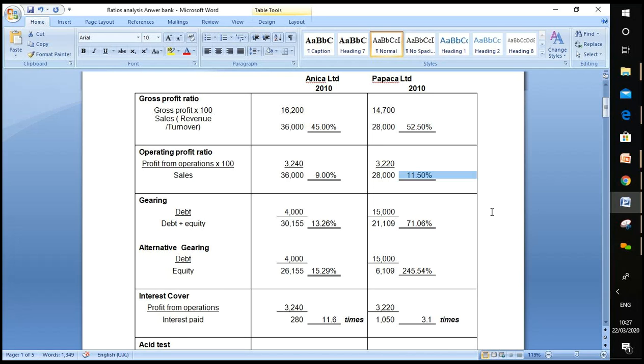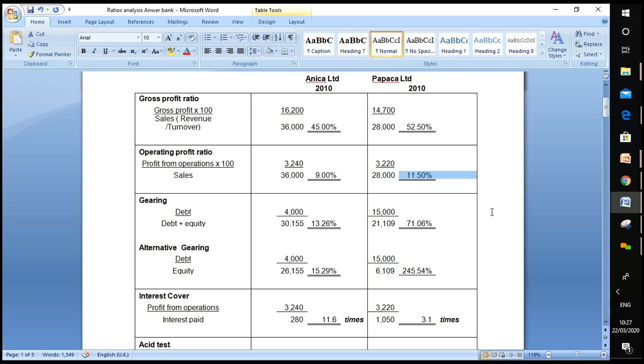Why Papika? Because the difference in gross profit between the two was 7.5%, but when we went down to operating profit, the difference reduced to 2.5. So it means Papika still has quite high operating expenses, which reduce that margin.